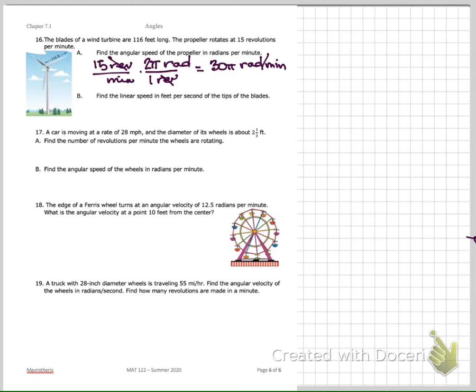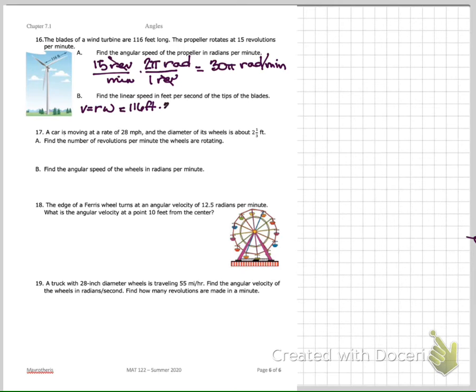16B, we want the linear speed in feet per second. We are going to take a look at the formula we have that relates linear speed to the product of the radius and the angular speed. And so we've got a radius of 116 feet.